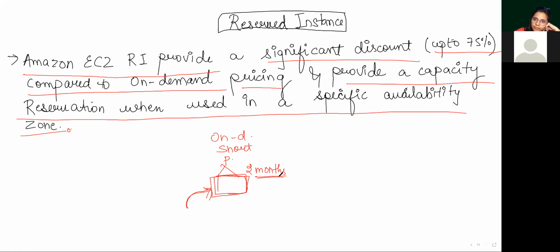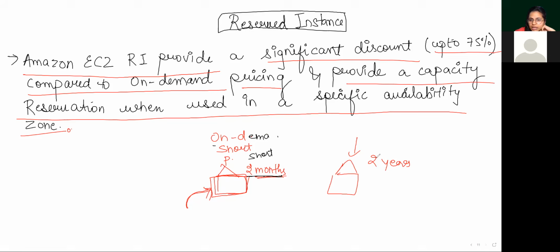And another person comes to you and says, I want to buy this house for 2 years. Getting it? Yep. So you will provide this for 2 months. This is for a short period of time. So we say this is on demand.